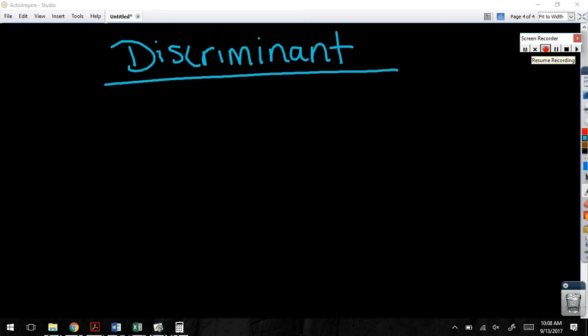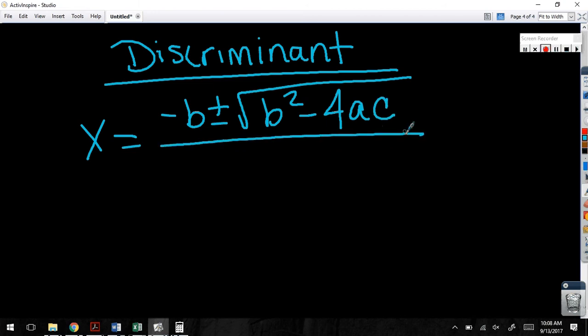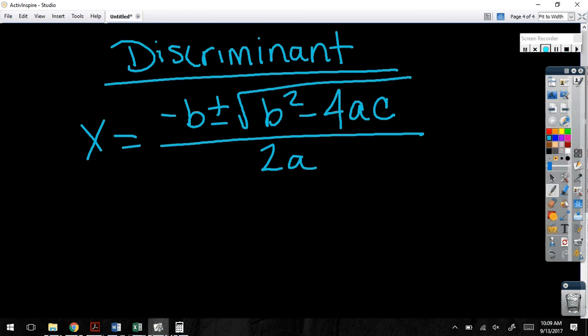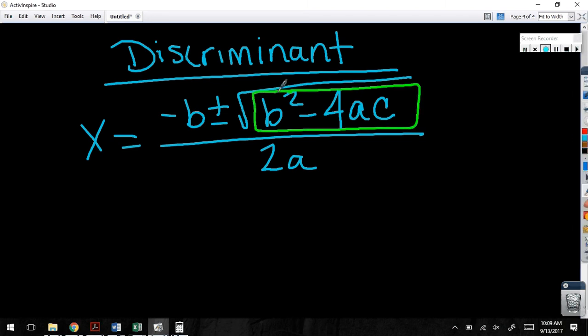Here we go. All right, so the discriminant, and I hope you found this in your homework. We just briefly talked about it, but when you've got the quadratic formula, plus or minus the square root of b squared minus 4ac, over 2a, there were some special situations that occurred when we got a special number here.